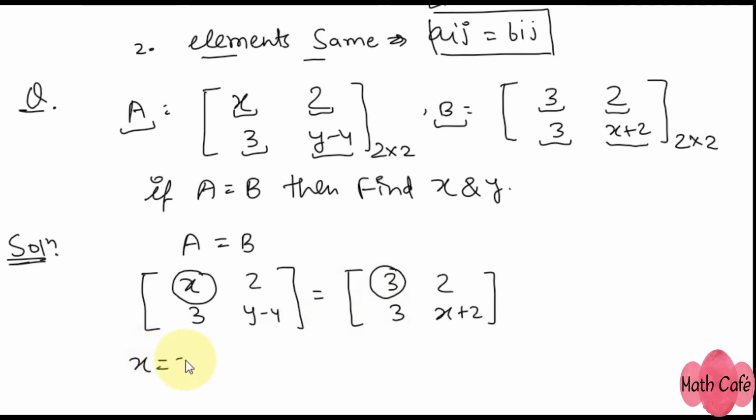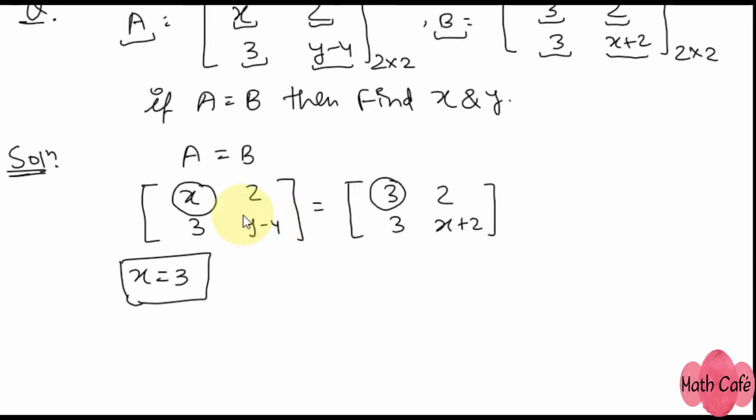That means A11 should be equal to B11. So we can deduce that x should be equal to 3 if these two matrices are same. And here 2 equal to 2 and 3 is already equal to 3. Then we will write that y minus 4 should be equal to x plus 2.